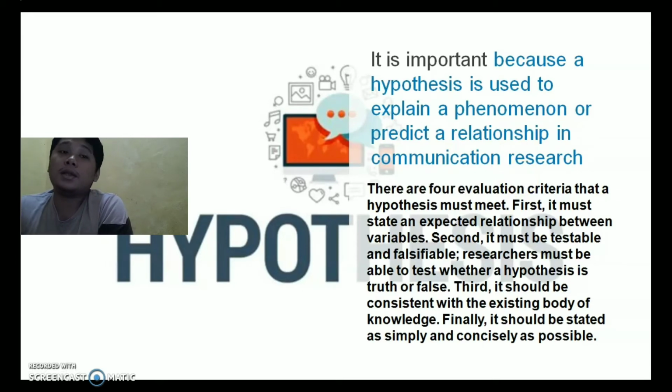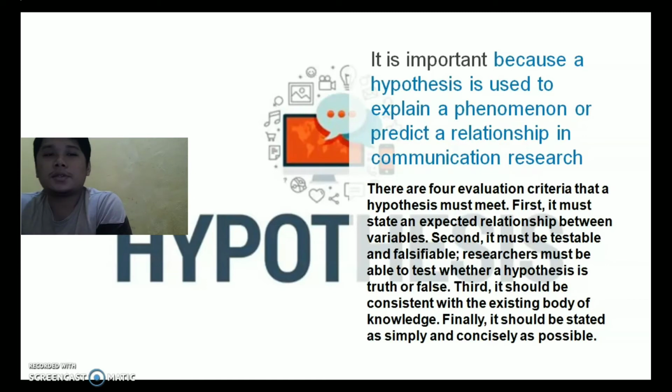In a hypothesis, there are four evaluation criteria that a hypothesis should meet. The first is it must state an expected relationship between variables. Second, it must be testable and falsifiable.